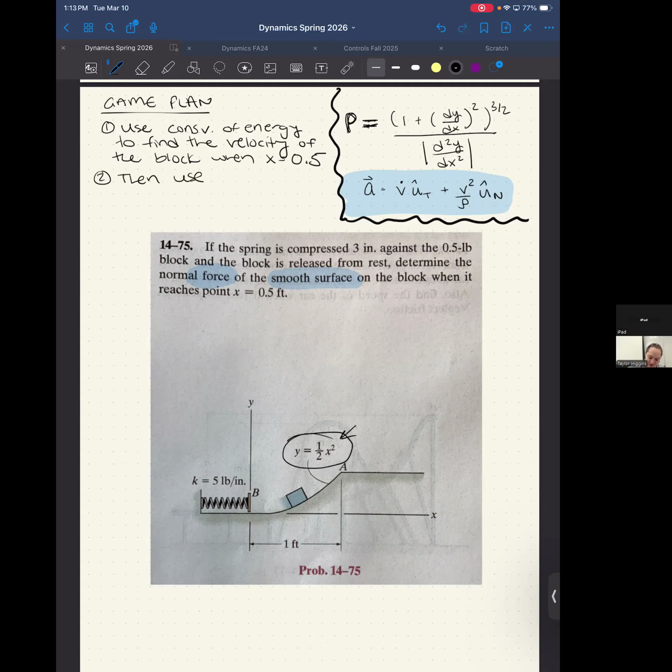Then use that velocity to write the acceleration in normal tangential system. And then finally, sum forces in the normal tangential system to solve for your normal force.